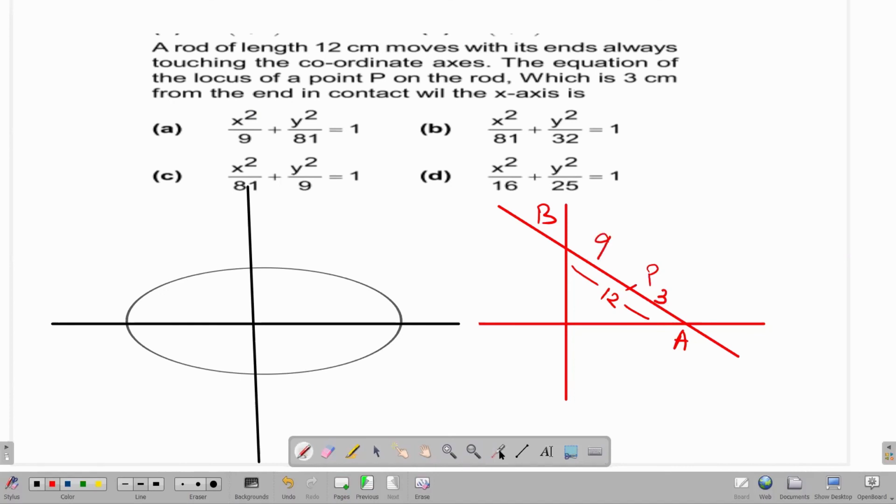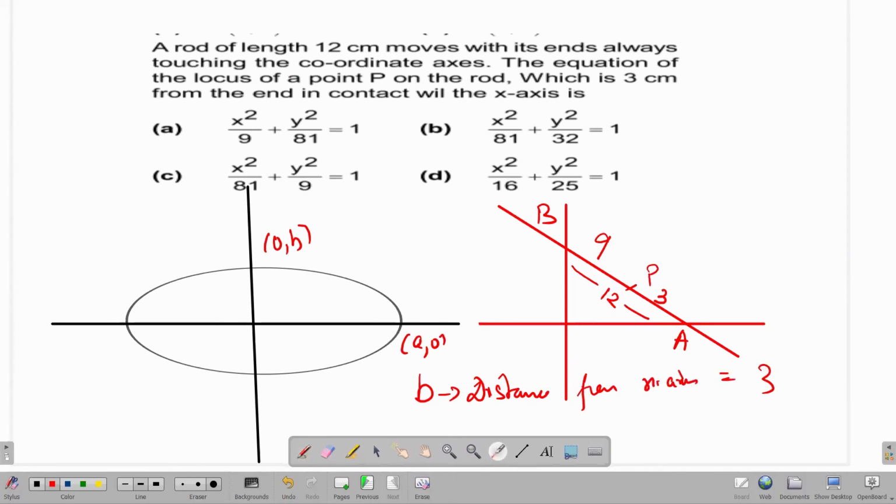Now as I know, the locus is an ellipse and the path traced will be like this. So I just write this point A, 0 and 0, B. Since the point is tracing this path, the point comes here and must follow the given condition. And according to the given condition, this 3 centimeters is the distance from the x-axis. That means B is the distance from the x-axis, B is 3.